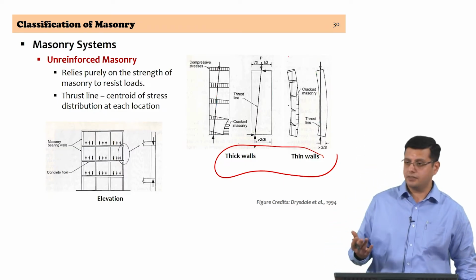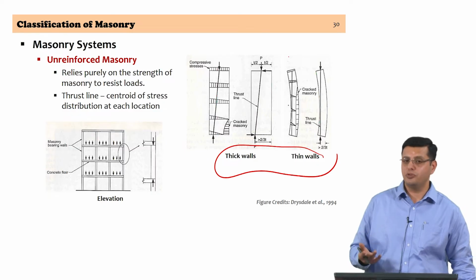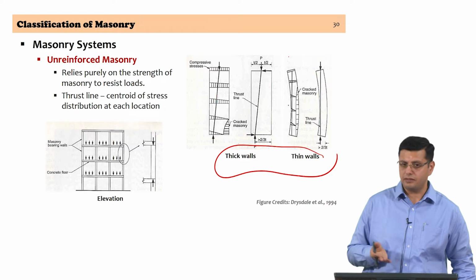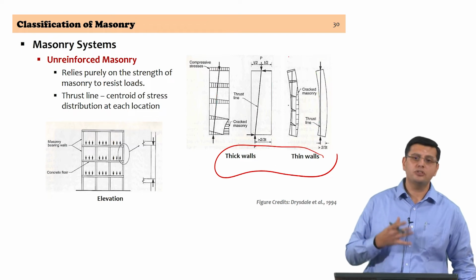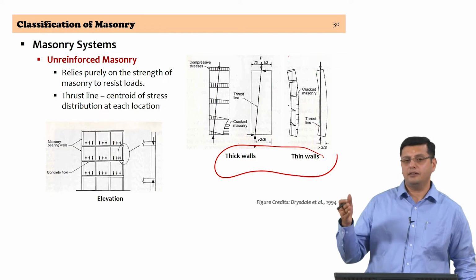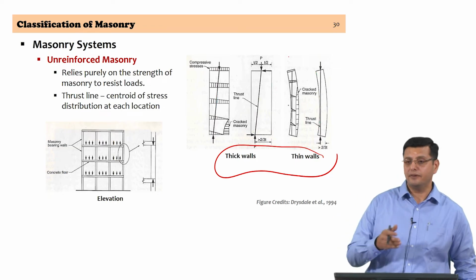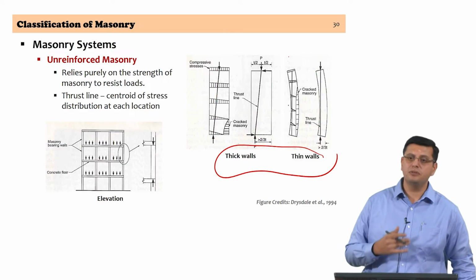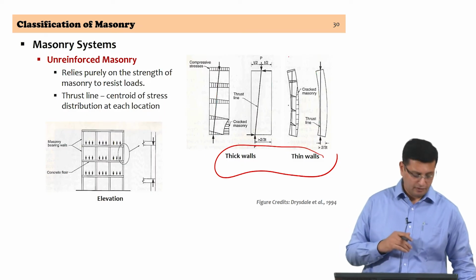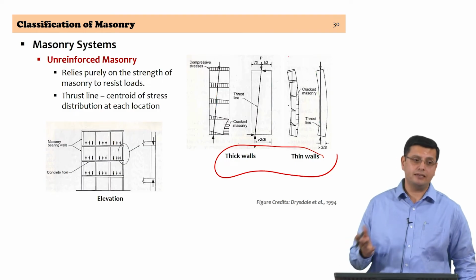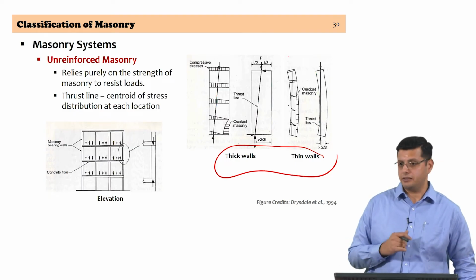So, if you cannot construct an unreinforced masonry, what options do you have? Among the options, the three options that we will examine, of course, two of them, reinforced masonry and confined masonry, are possibly the most feasible, practical and efficient as lateral load resisting load bearing masonry constructions.